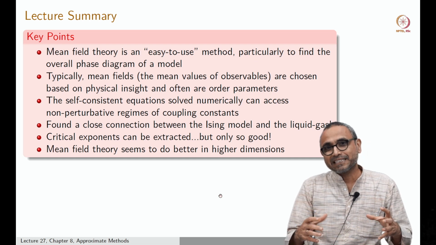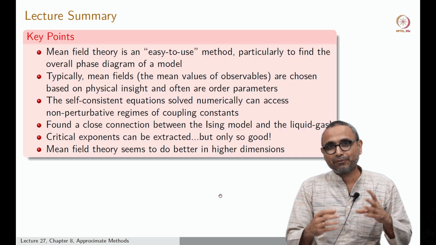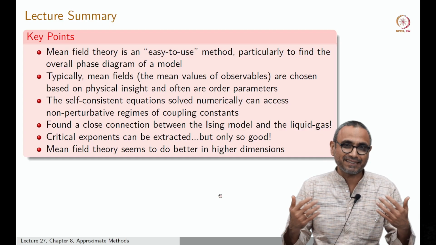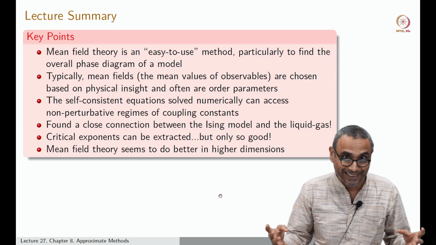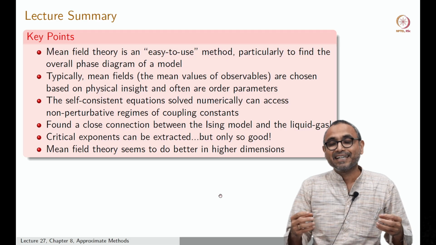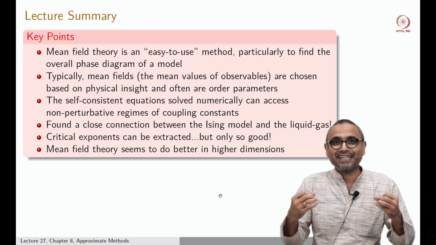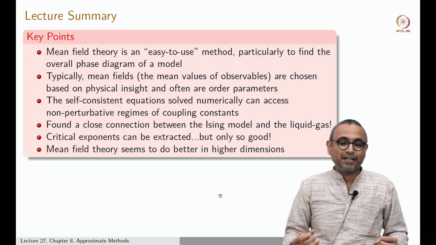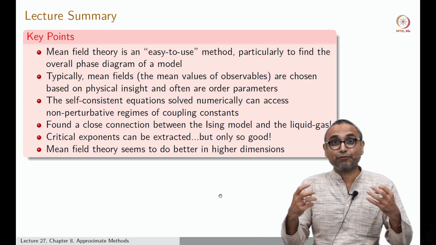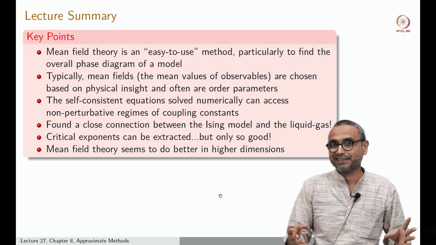And the broad message, which is also coming in from the Feynman variational principle, is that all these kinds of approximation methods which ignore fluctuations, or correlations between fluctuations of a variety of quantities, seem to do better in higher dimensions. So already we are getting a sense of the importance of fluctuations in lower spatial dimensions.